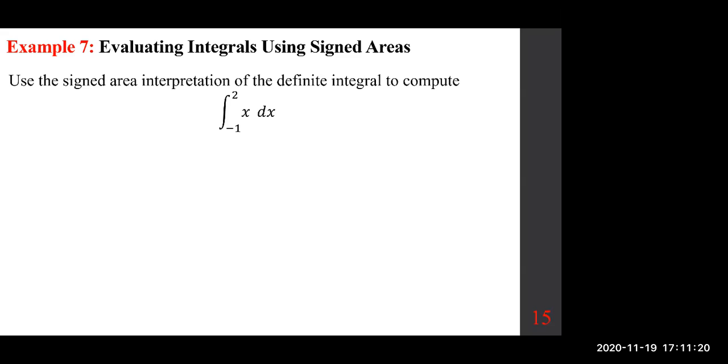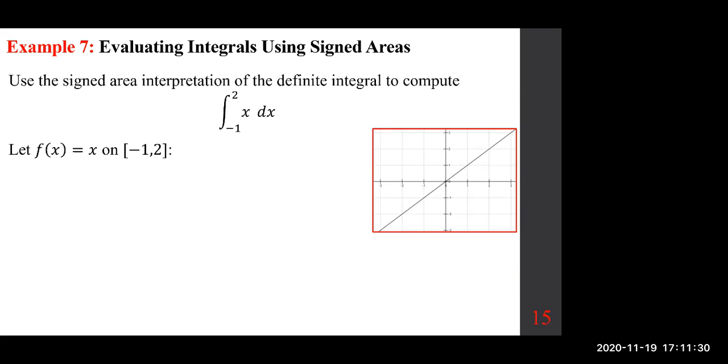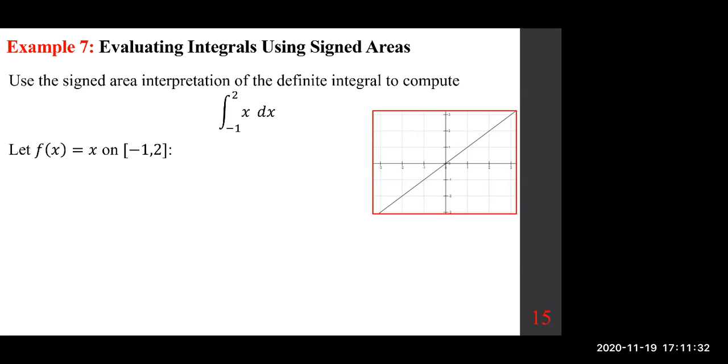In this case, y equals x, or f of x equals x, the line that goes through the origin. And we want it from -1 to 2. This portion is from 0 to 2, and this one is from -1 to 0.